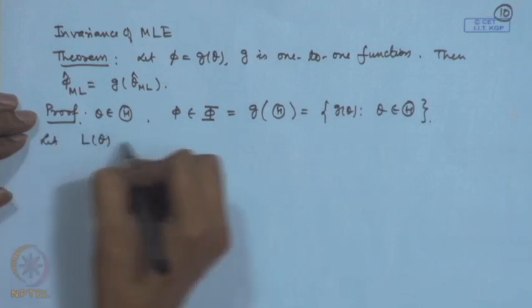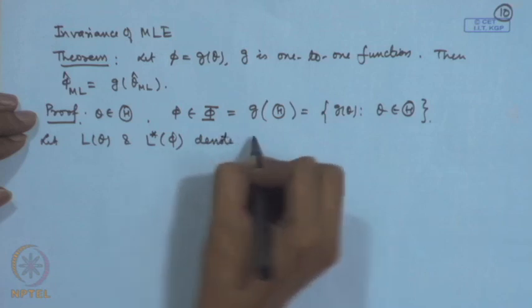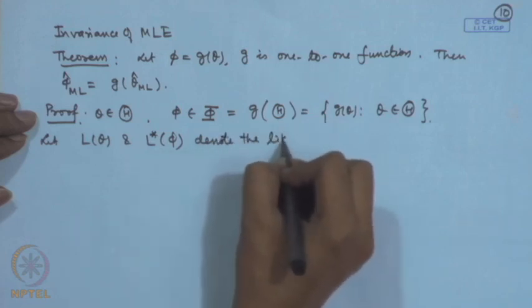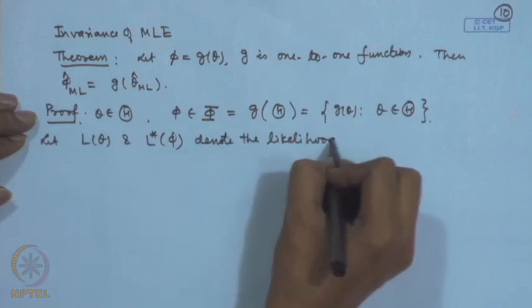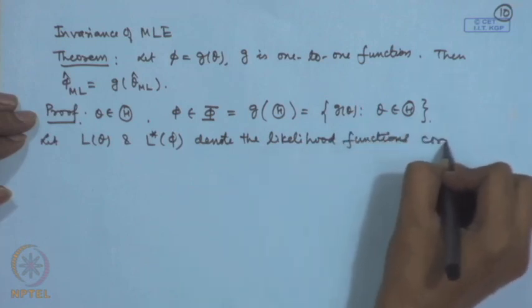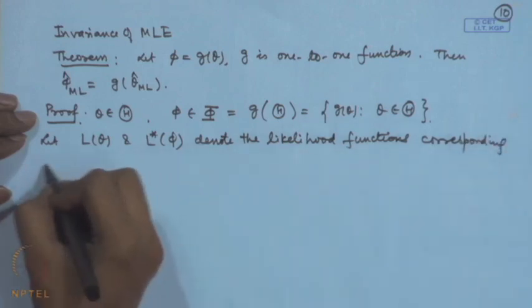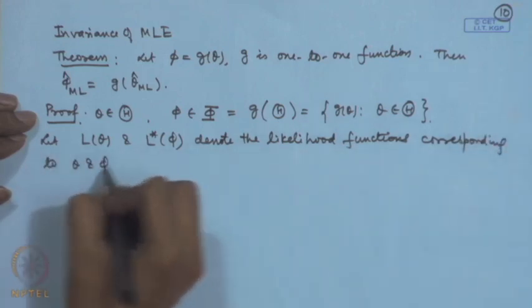Let L(theta) and L star(phi) denote the likelihood functions corresponding to theta and phi respectively.